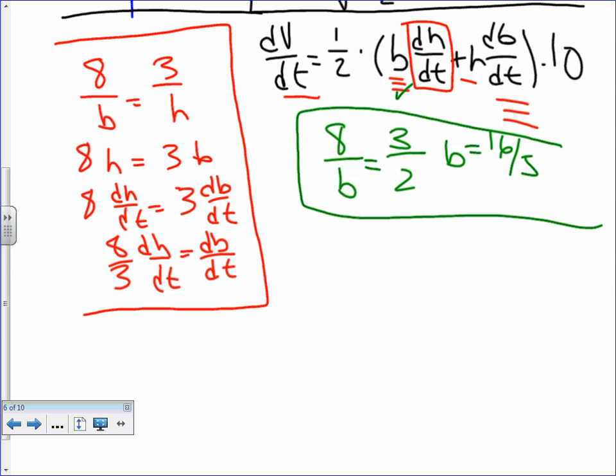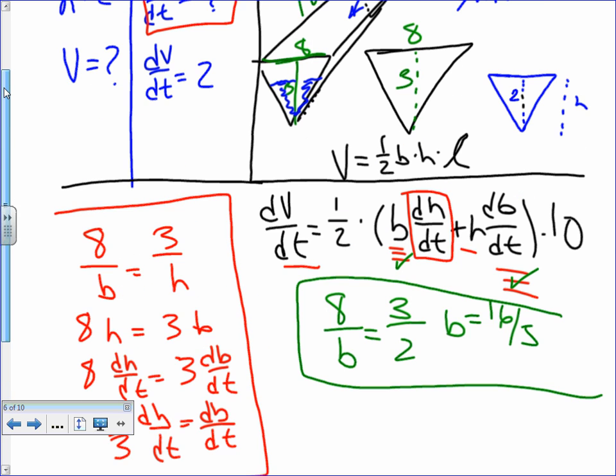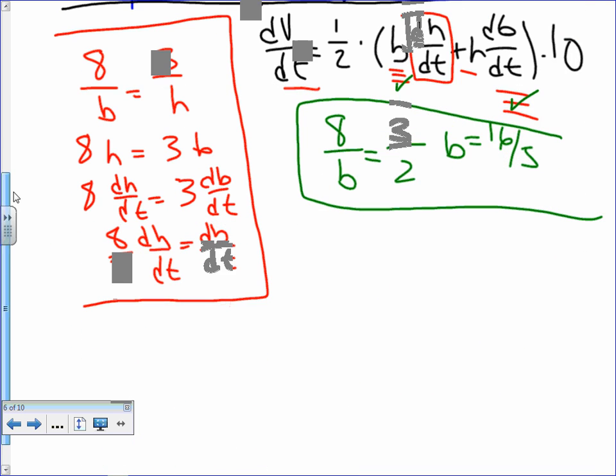Now, let's plug everything on in. We just got something to plug in there that gives us all of our variables we need. So dV dt was 2 and H was 2. Try to remember those.